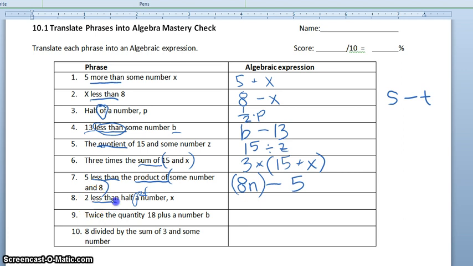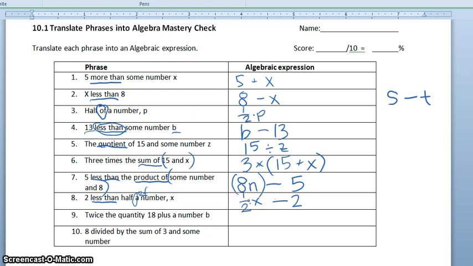So less than is our other keyword. So remember, with less than, you're flipping the order. So that 2 is actually going to come at the end after the subtraction sign. It's what we're taking away. And then half of a number x is going to come before. Half of a number x looks like that, 1/2 times x. Remember, of means times. Put the times symbol in there.